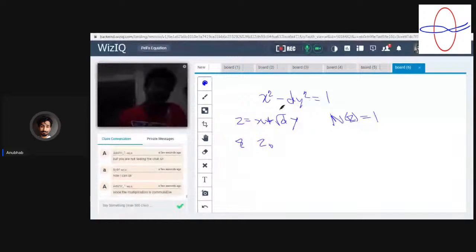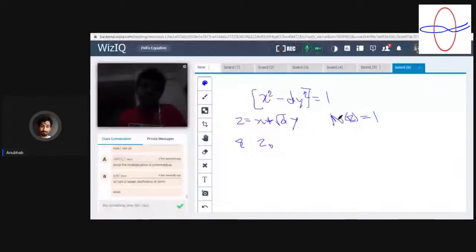So if z is a solution, minus z will also be a solution. The norm of x plus root d y is the product of z and z conjugate. Z is x plus root d y, z conjugate is x minus root d y, so the norm is x squared minus d y squared. This is just another way of writing it.